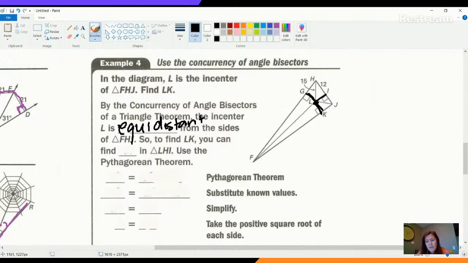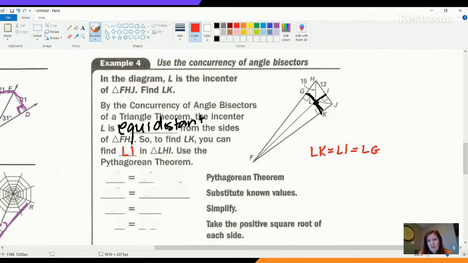So from the theorem, LK has to equal LI, which has to equal LG, because point L is the in-center. So all of those are equidistant from the sides. So to find LK, you can find another segment: you can find LI in the triangle.